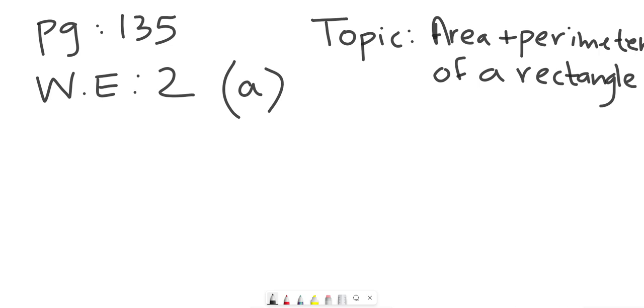So this is our topic today. Now, before we read this question and try to understand what it asks of us, let us quickly remind ourselves of the formula of perimeter and area of a rectangle. Yes, we all know it very well.